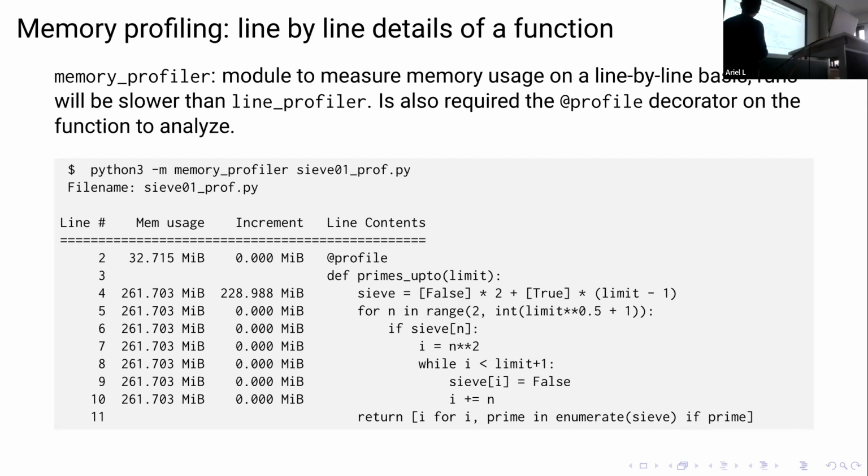The way of using it is similar to line_profiler. I need to tag a given function to tell the tool to focus on that function, and then I execute. It's not part of the standard library, so we have to pip install it or pull it from a repo.